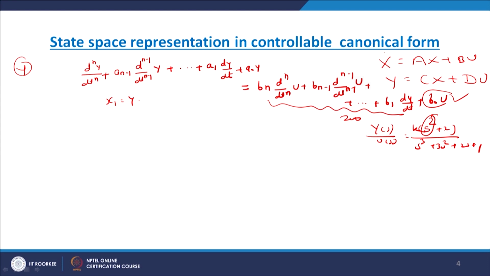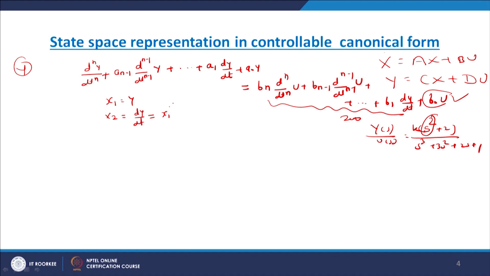So, another variable is x2, which we write as dy by dt, that is the differentiation, which equals x1 dot. So, x2 equals dy by dt equals x1 dot.